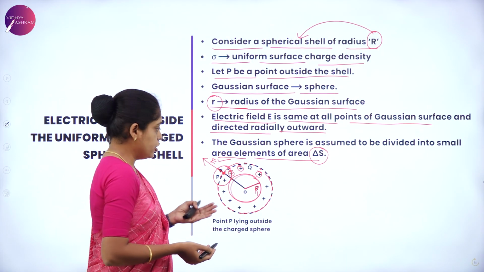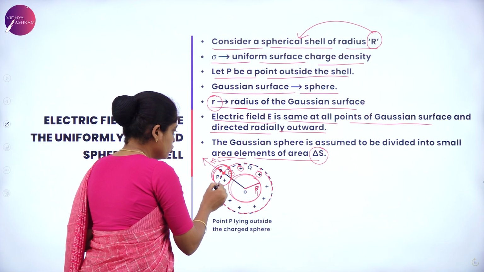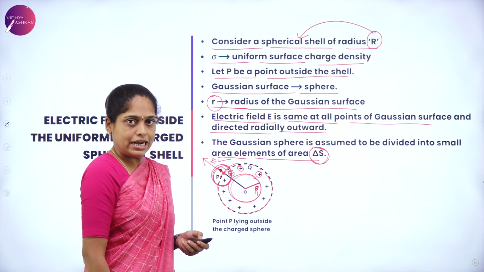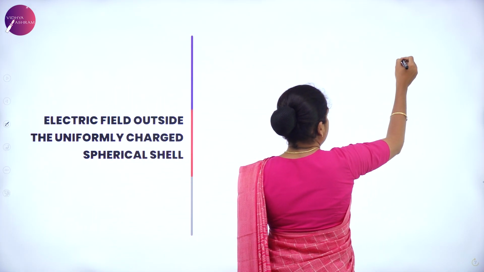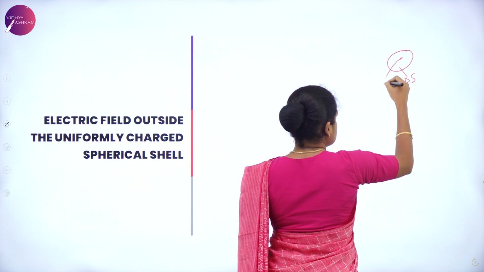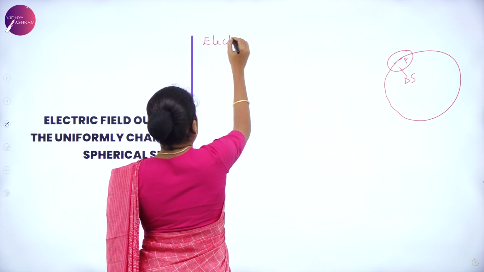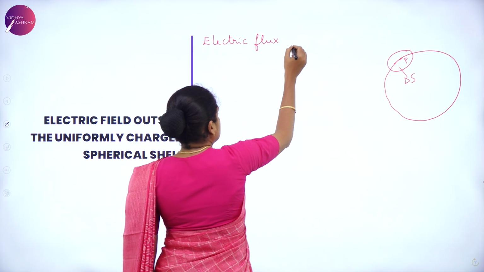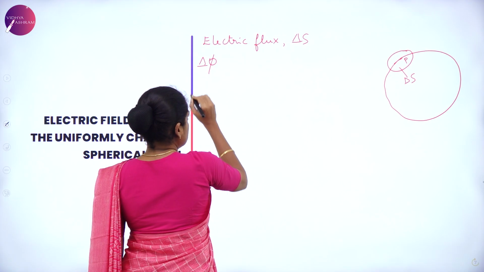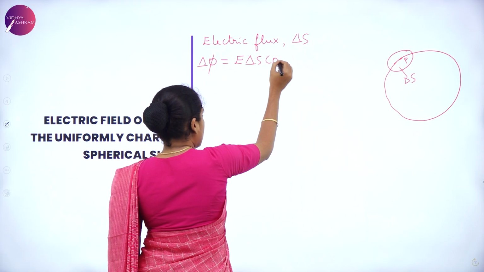To find the electric field due to this spherical shell, first we need to calculate the electric flux through this small area element, delta S. Around point P we have considered a small area element of the Gaussian surface, delta S. The electric flux through delta S is given by delta phi, which is E delta S cos theta.